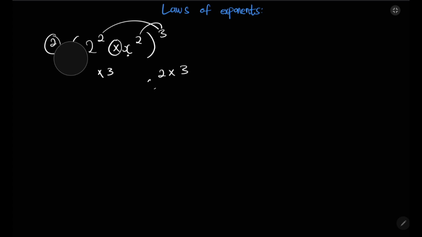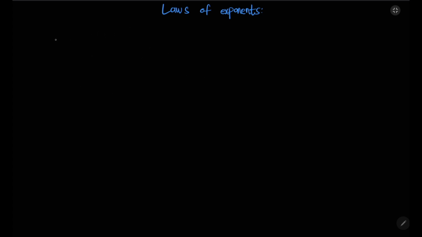Now, what if we had number 3, a over b to the power 2? You guys know that you have to multiply your exponents with what's outside the bracket, okay?